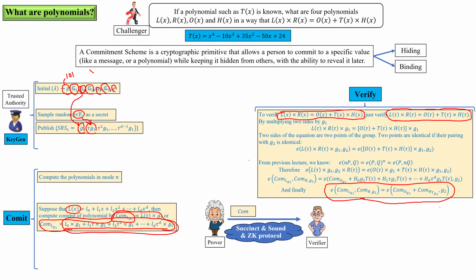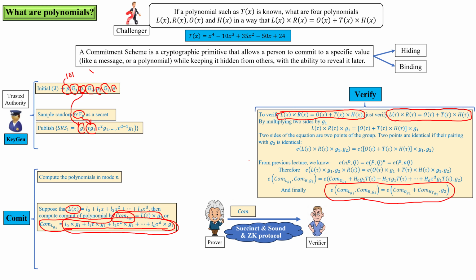And if this equation is correct, the pairing on the left side and the pairing on the right side are equal to each other, then we say that the prover really knows the polynomial, right?